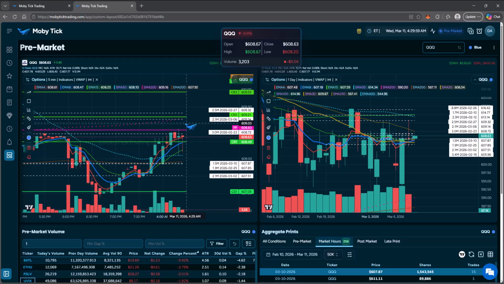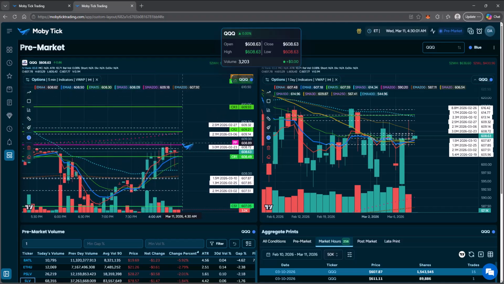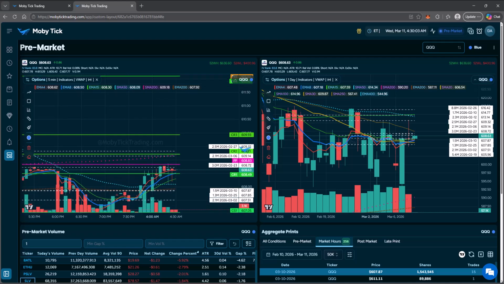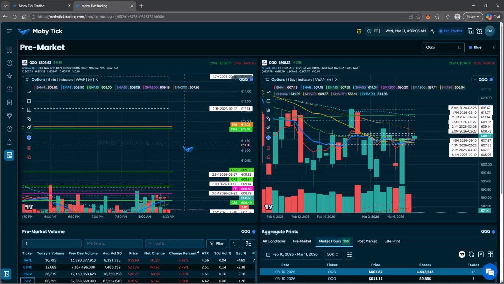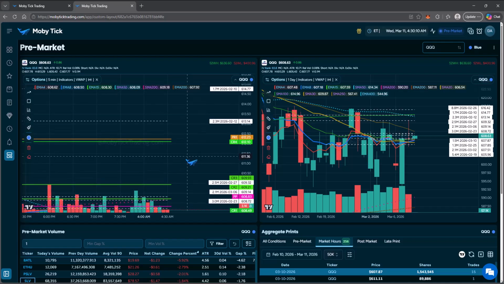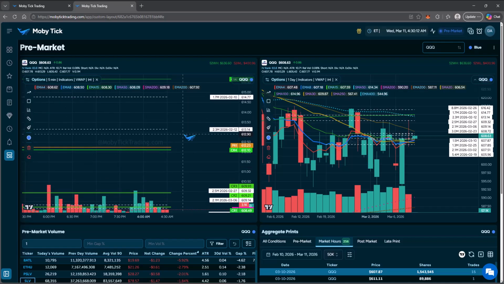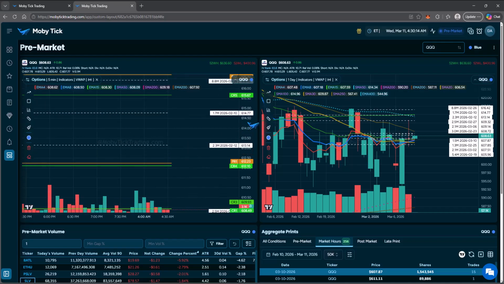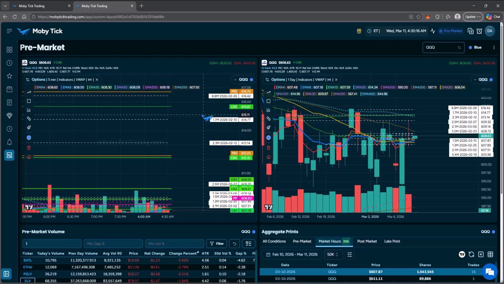So 609.50, 609.93, 611, 612.10 is the cam, 612.23 is actually R1, 613.14 is 2.3 million, 614.77 is 1.7 million, 615.67 is a cam.